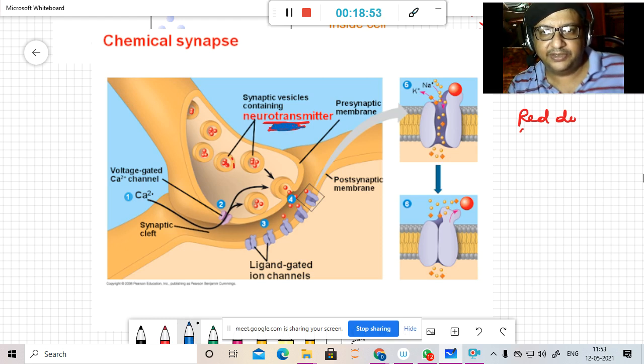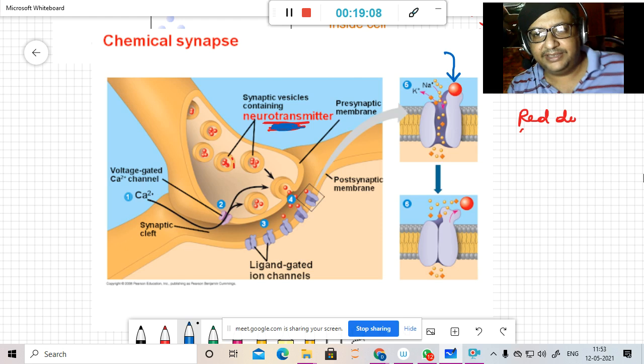You see these neurotransmitters here. They are released and bind to the channel. The channel opens. Sodium enters and potassium goes out.